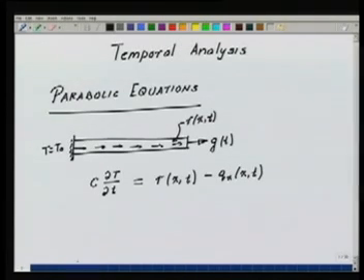So this would give C del T del t plus del Qx del x is equal to R.